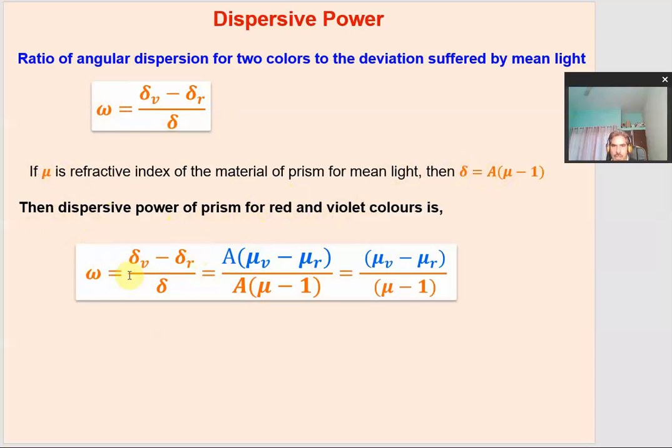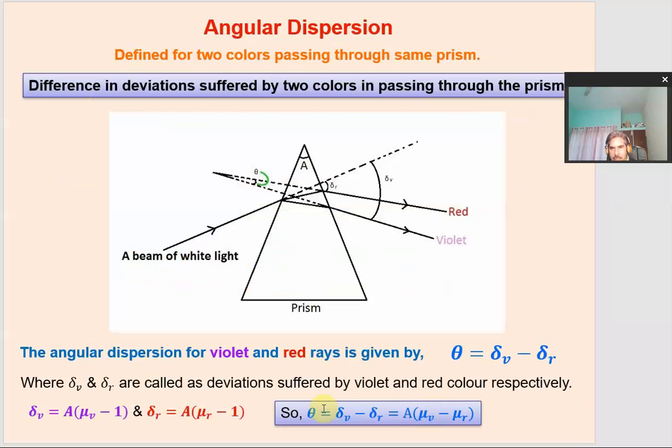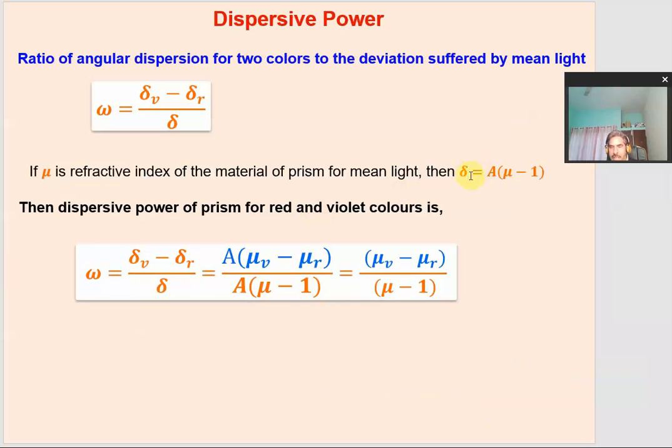Whenever we substitute the values, delta V minus delta R is A into mu V minus mu R. This angular dispersion is divided by delta, the deviation in the mean light, which is given by A into mu minus 1. So A cancels out, and what is left is called the dispersive power.